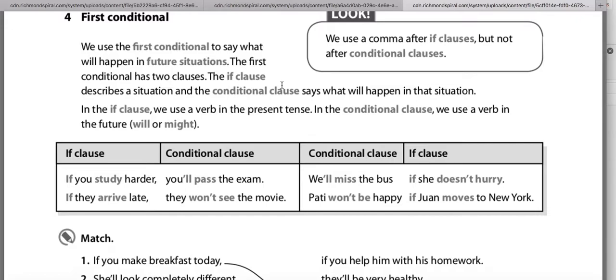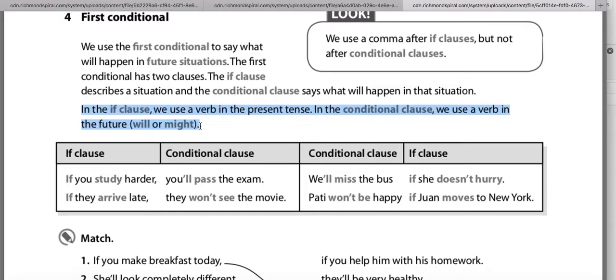So please focus very specifically in this case, because we have the secret in this sentence. In the if clause, we use the verb in the present tense, and in the conditional clause, we use the verb in the future, that is, will or might.